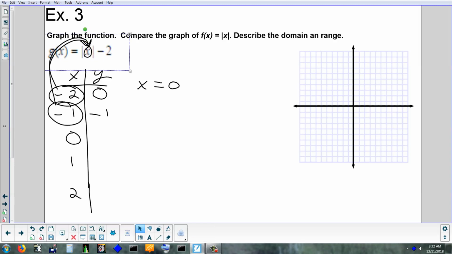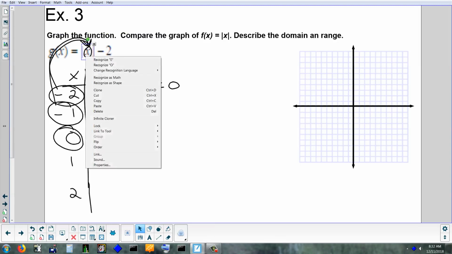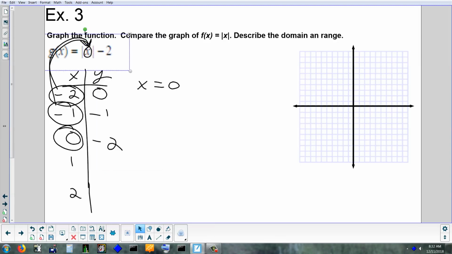One more, and then we're going to see the pattern. Plug in 0. What's the absolute value of 0? 0. Take away 2. -2. Now, if you did the next one, the absolute value of 1 is 1. 1 take away 2. You get that value repeated, and then that other value repeated.